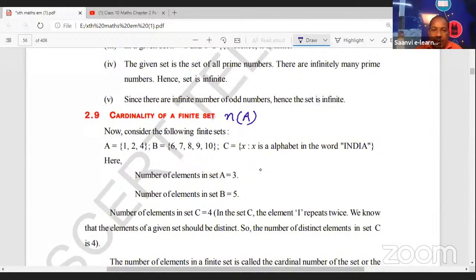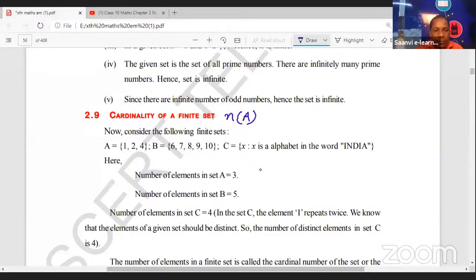If the set name is A, the cardinal number of set A we denote by n(A). n(A) means the number of elements in set A. So in the given set, how many elements are there? That number is called the cardinal number of set A.